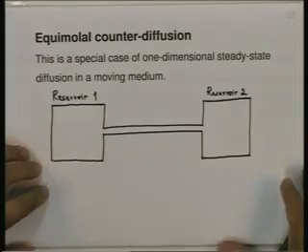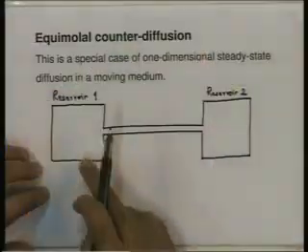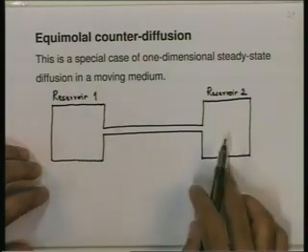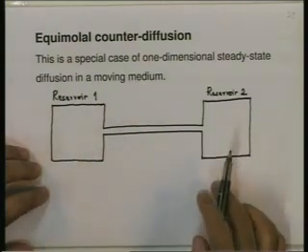and we assume that the two reservoirs are large enough so that a small amount of mass moving out of reservoir 1 into reservoir 2 and vice versa does not really change the state and the concentration in reservoir 1, nor does it change the state or the concentration in reservoir 2.